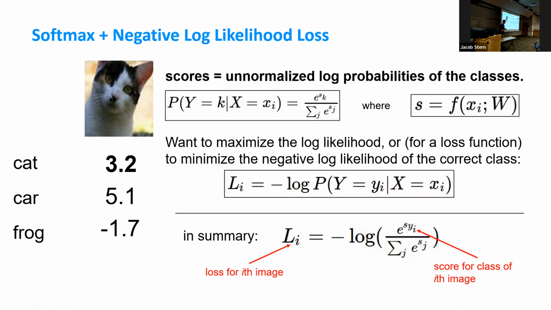We'll take a look at this slide for a second and try to remember what each of the different things in this loss stands for. Could we get a volunteer to explain what this formula means intuitively?